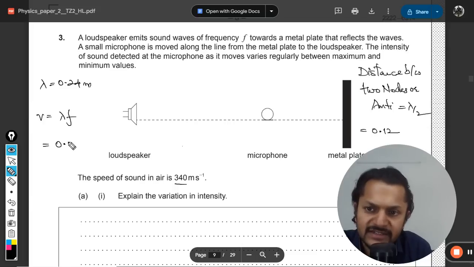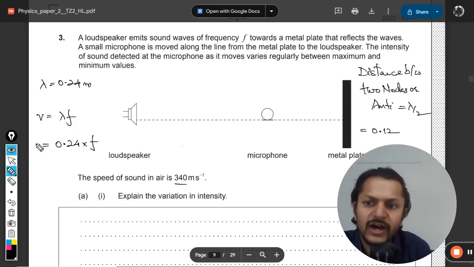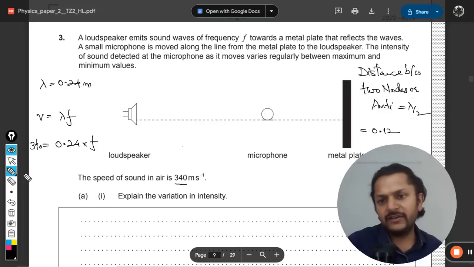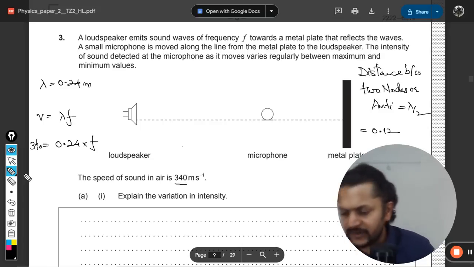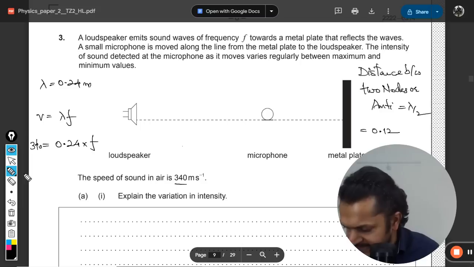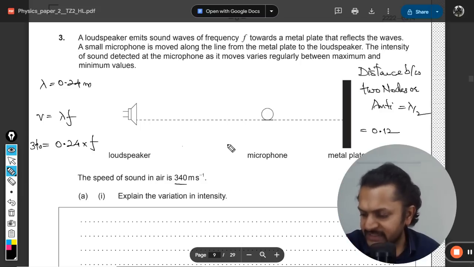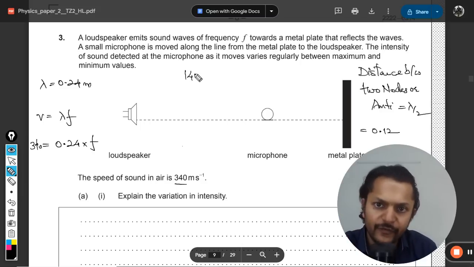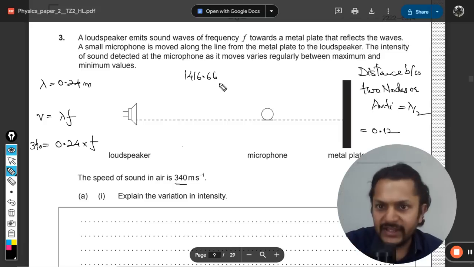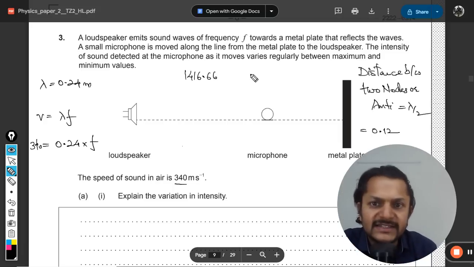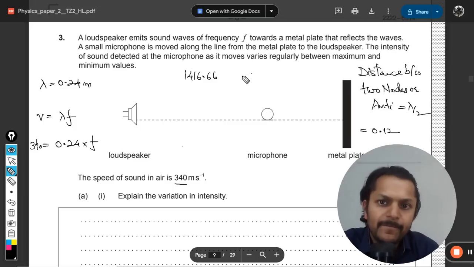So wavelength is 0.24, frequency we want to find, and the speed is 340. So accordingly, 340 divided by 0.24. Yes, the answer is 1416 something.